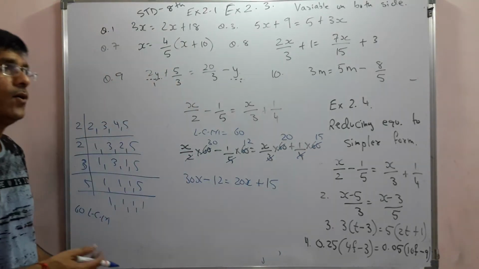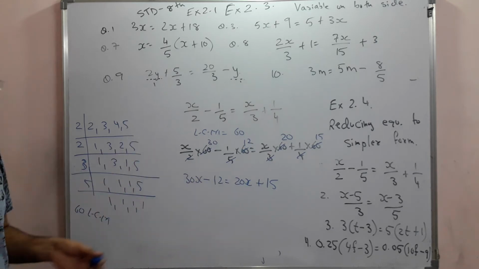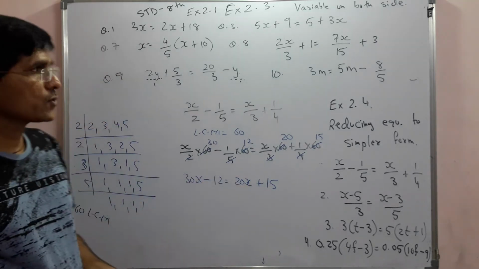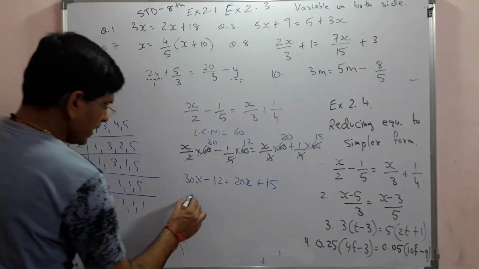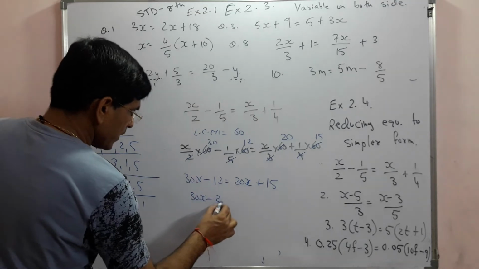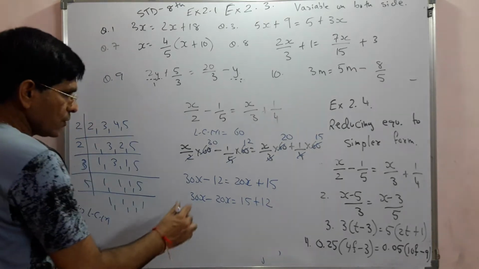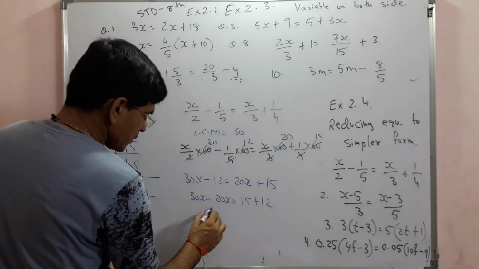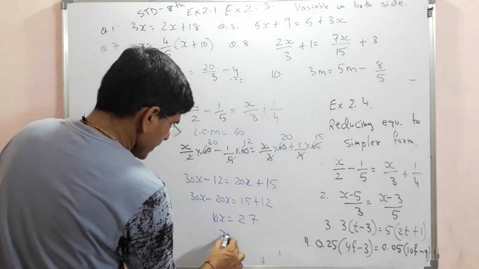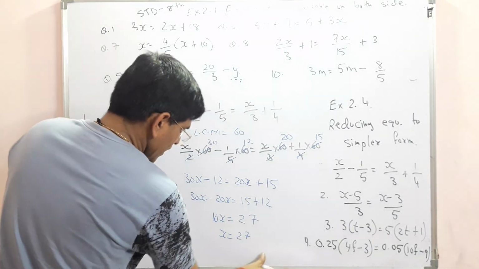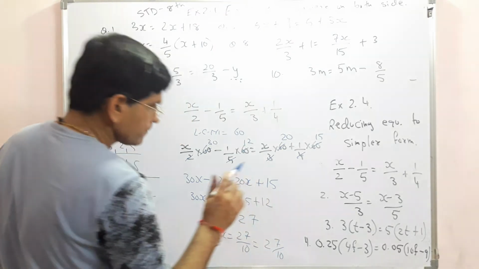Think that the LCM is 60 and we remove this 60 because it is on both sides. So again variables are on both sides, in the simplest form. Now 30x minus 20x is equal to 15 plus 12. So 30x minus 20x, that is 10x, is equal to 27. So x is equal to 27 divided by 10, that is 2 and 7 by 10.